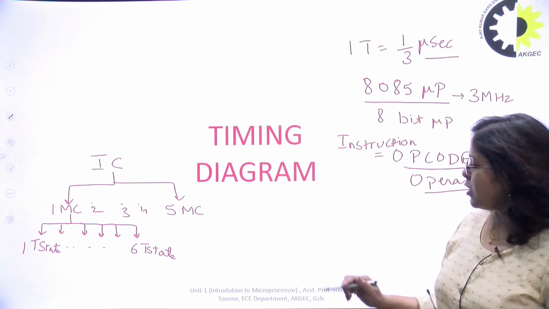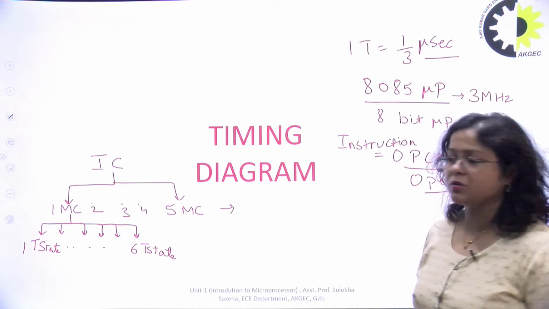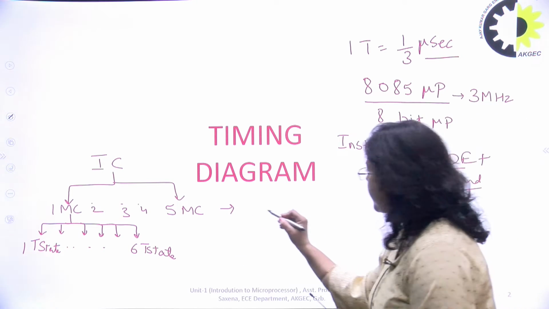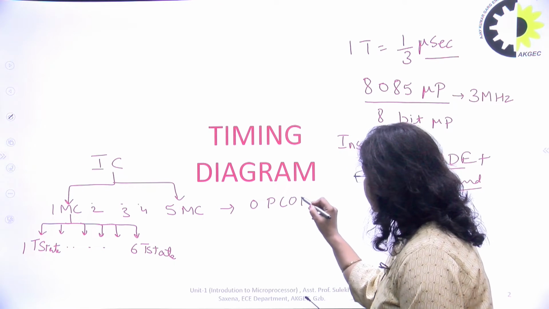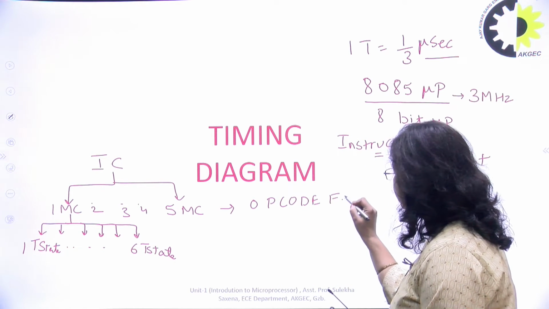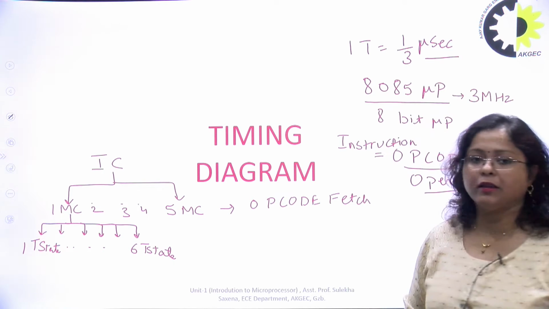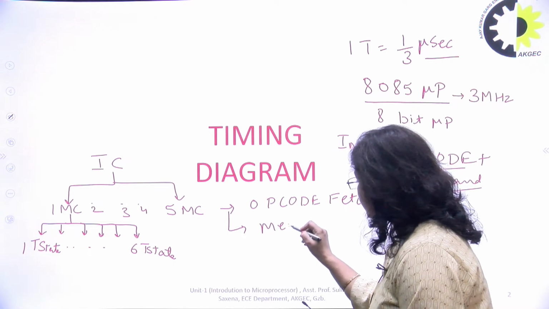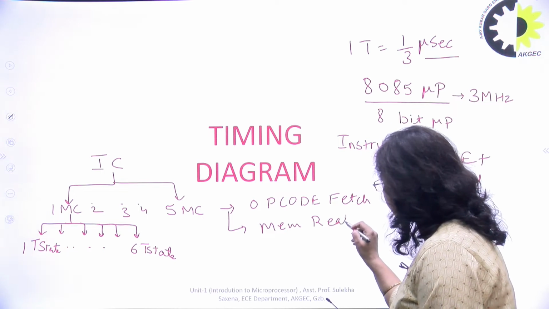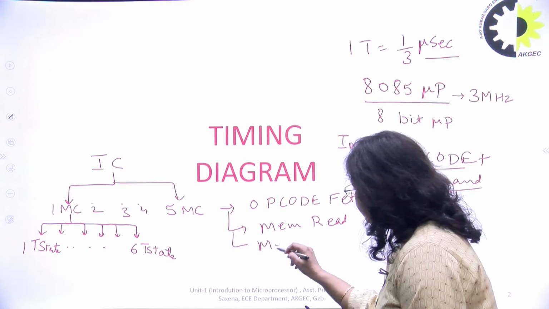Now we talk about various operations. The time required to fetch opcode from memory is defined as opcode fetch machine cycle, and the time required to read or write data from memory is defined as memory read or memory write.